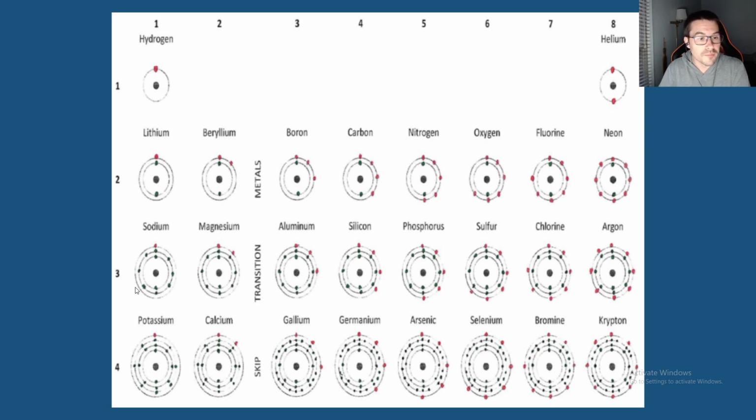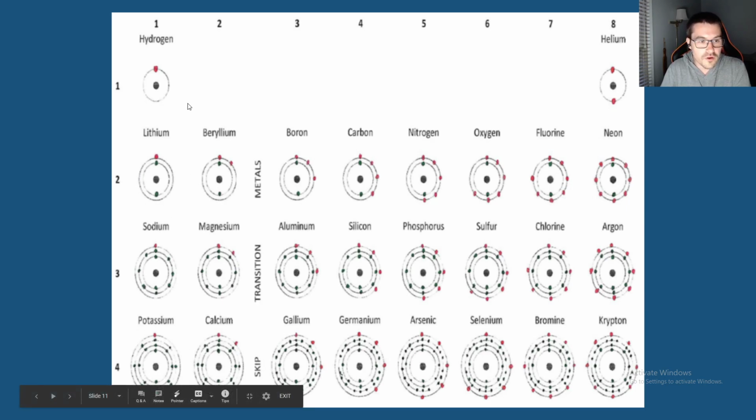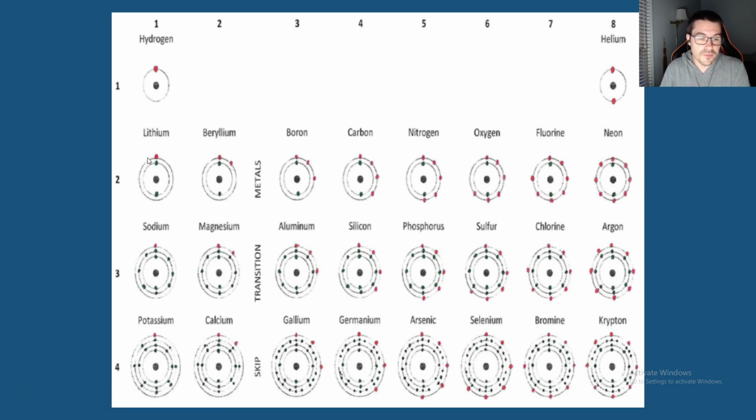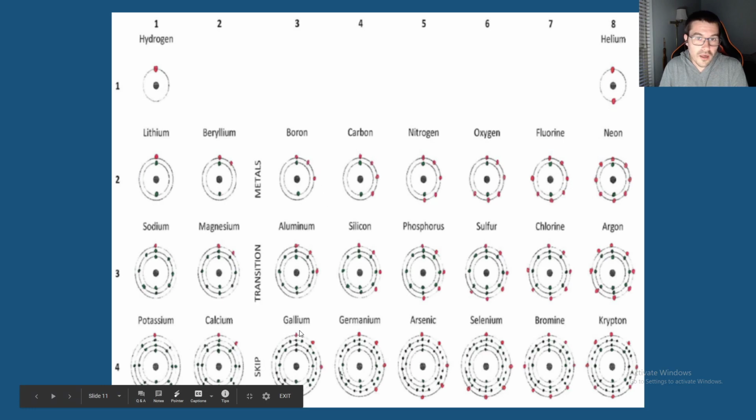As a result, hydrogen, lithium, sodium, potassium, these first elements in the first column, are going to adopt a positive 1 charge, because they are losing a negative electron. Likewise, elements in the second column, beryllium, magnesium, calcium, are going to adopt a positive 2 charge, because they're going to lose both of their valence electrons. And then the same thing applies for boron, aluminum, and gallium. 3 valence electrons, they would lose those electrons and adopt a positive 3 charge.